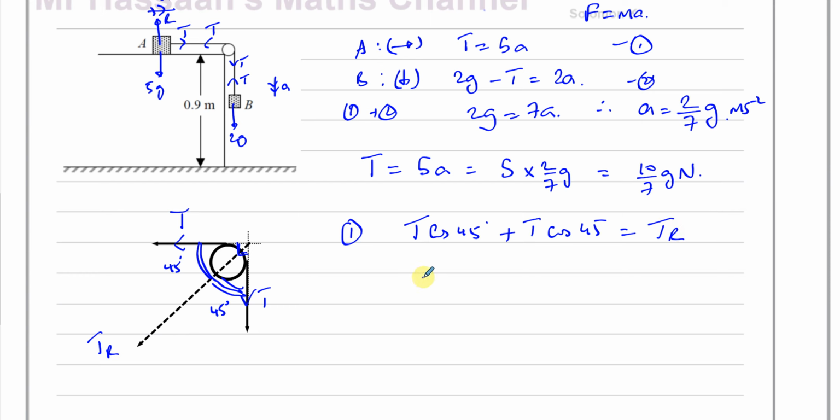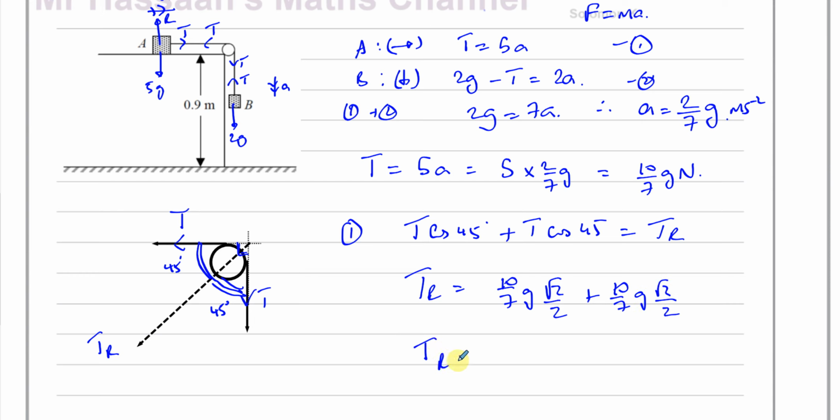So the resultant of the tension is going to be, we found what T is, 10 over 7G times cosine 45, which is root 2 over 2, plus another one of those, 10 over 7G times root 2 over 2.